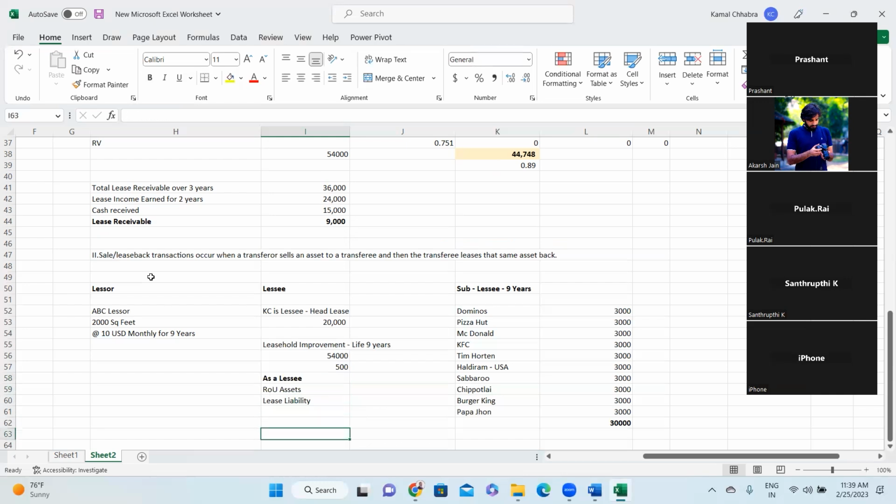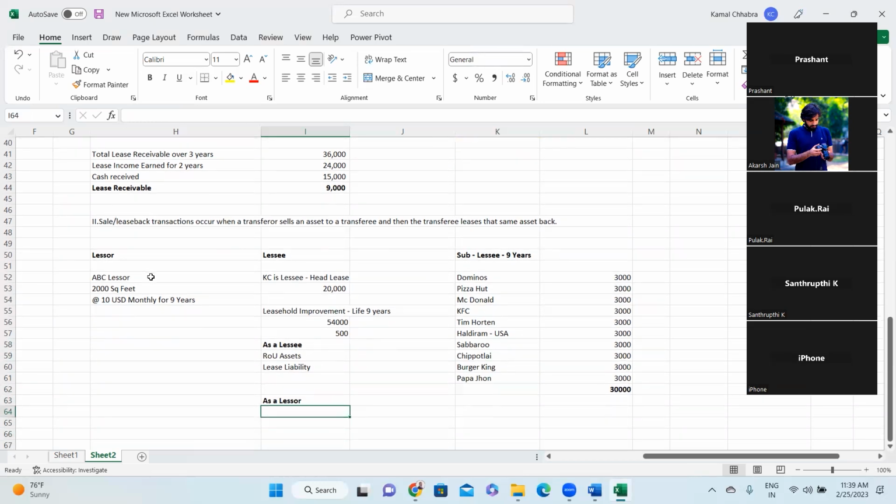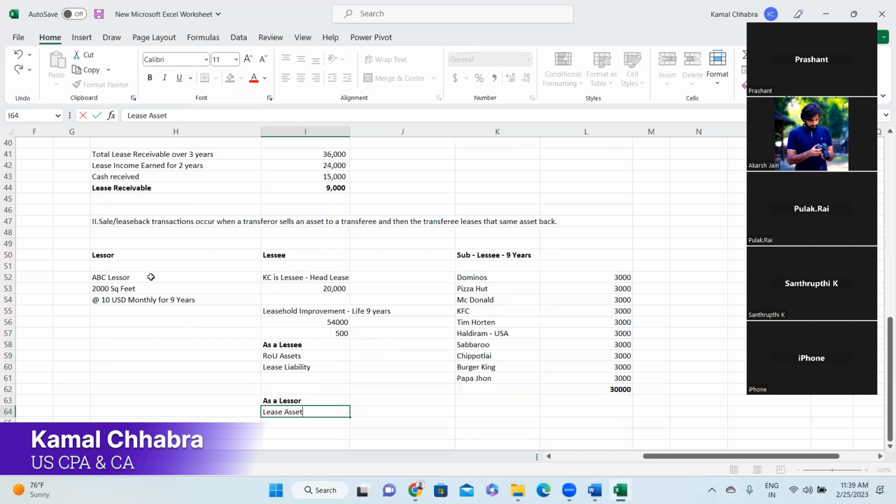And then as a lessor, what all things do I need to recognize? The lease asset will be recognized. That's all, and the rest will continue, the revenue, the lease payments are all an asset, against the lease receivable.